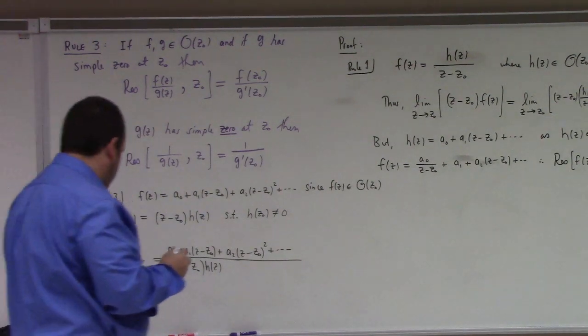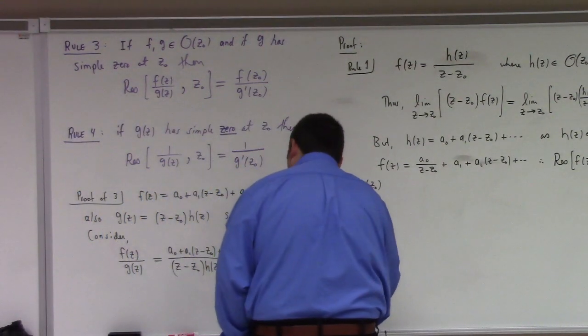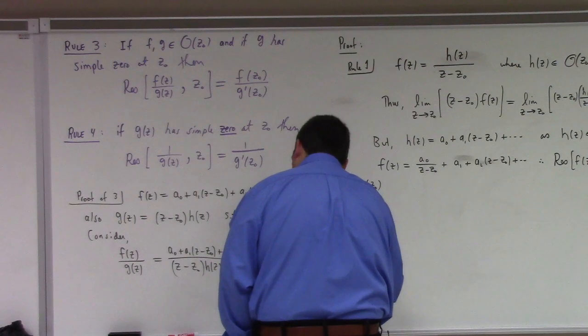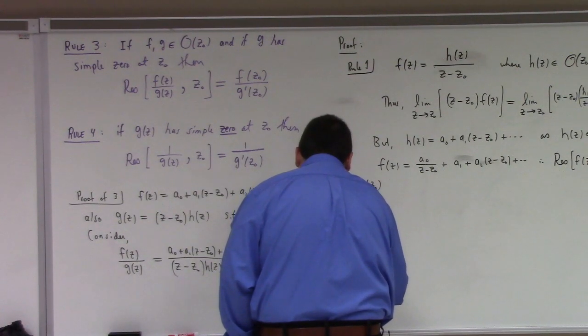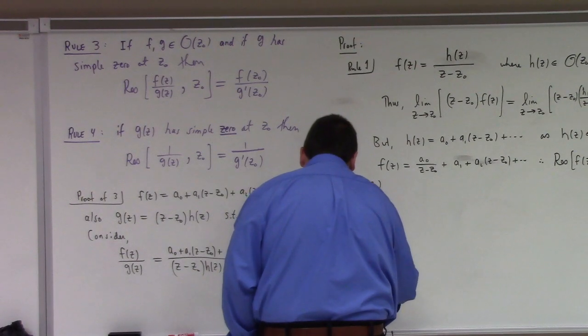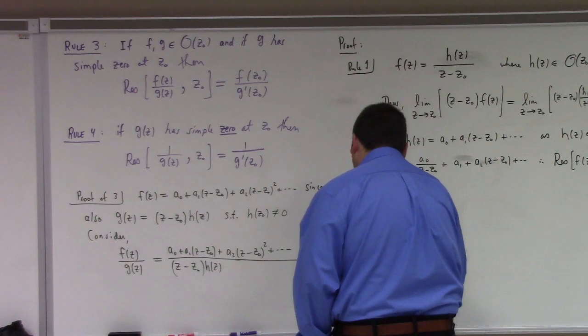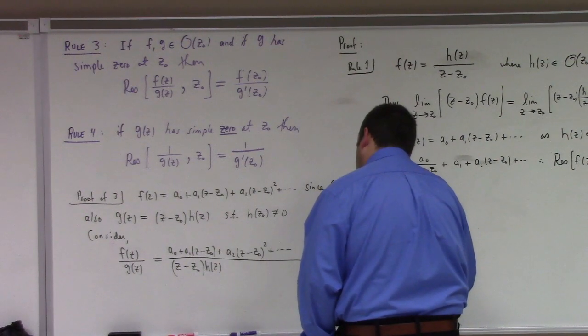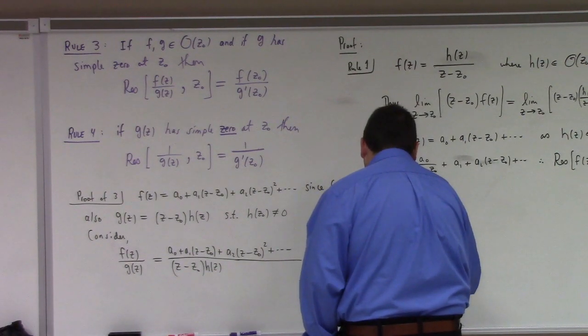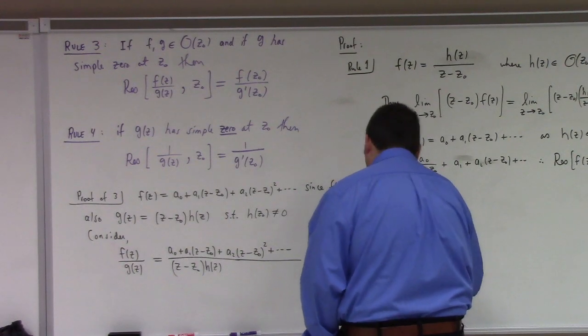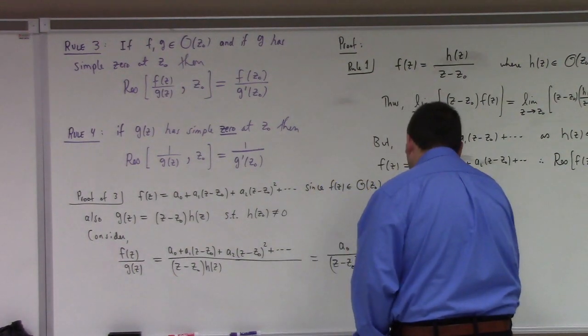So I can rewrite that a little bit. That gives me a0 over z minus z naught times h of z plus a1 over h of z plus a2.